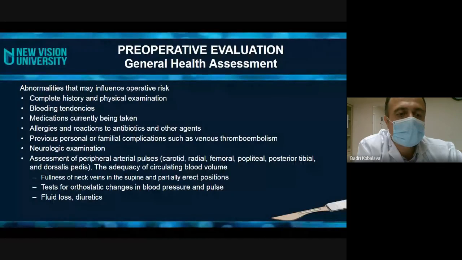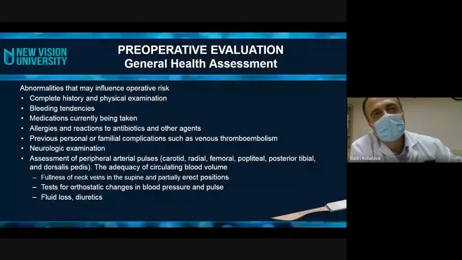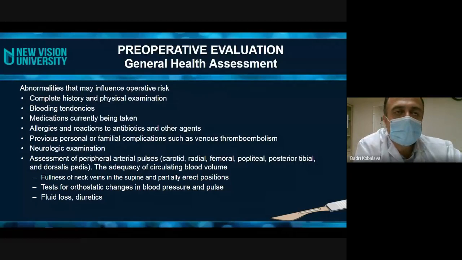You must ask the patient about allergies and reactions to medications and food. It is very important. Some patients have a previous history of allergy, and you know from immunology that the second contact with the allergen can be fatal, because sometimes it leads to anaphylactic shock, an anaphylactic reaction.